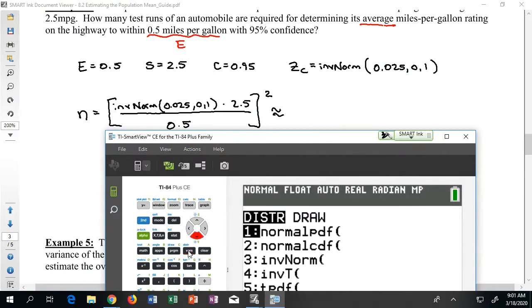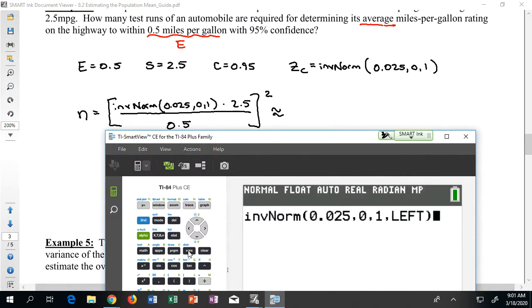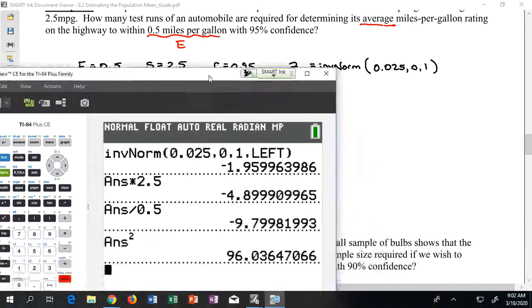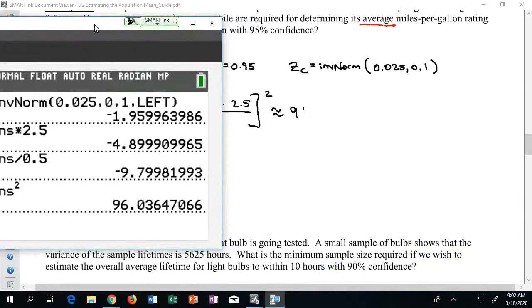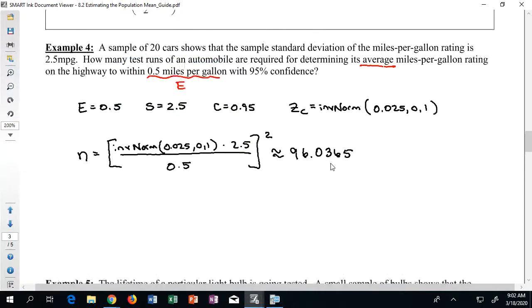I'm going to start with my inverse norm, 0.025. Multiply this by 2.5, divide this by 0.5, and square the total result produces an amount of 96.0365.